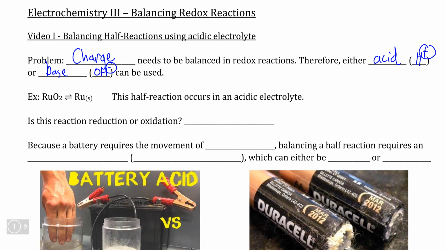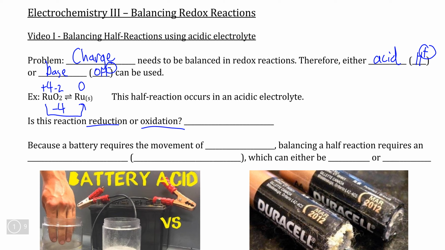Now, the first thing to do when figuring out how to balance a redox reaction, or a half reaction in this case, is to figure out whether the reaction is a reduction or an oxidation, which we can do using oxidation numbers. Any element, as long as it has no charge, is going to have an oxidation number of 0, and because oxygen's oxidation number is -2, -2 times 2 is -4, so our transition metal here has an oxidation number of +4.